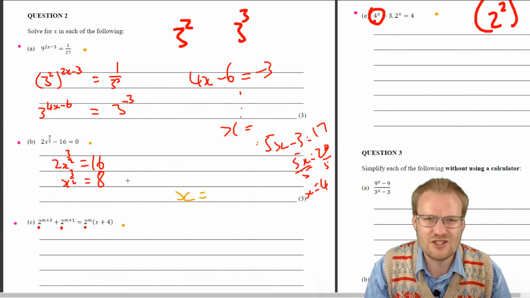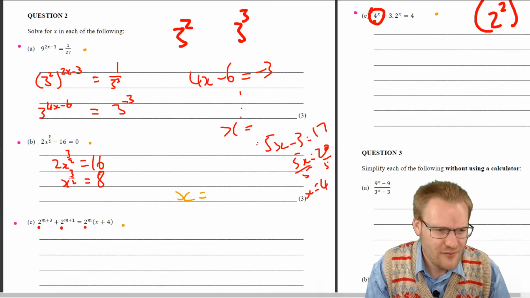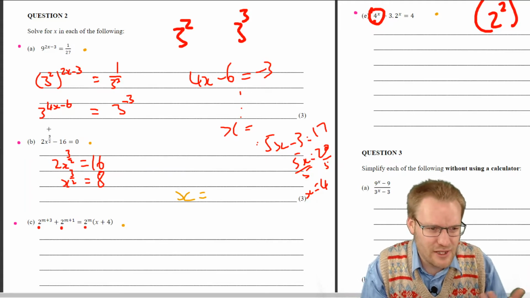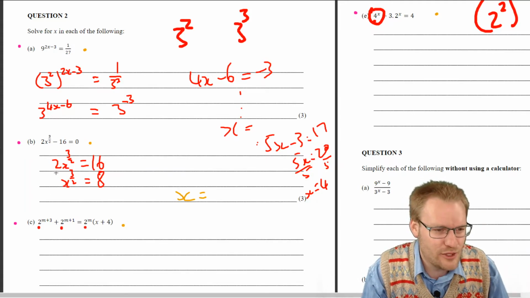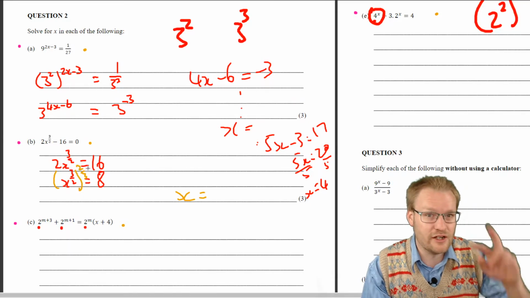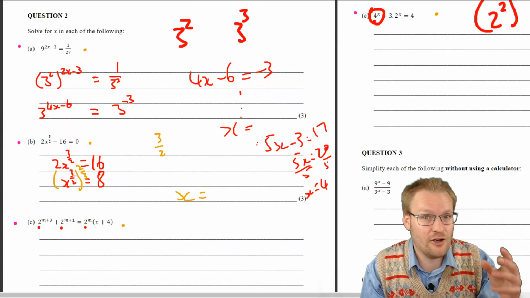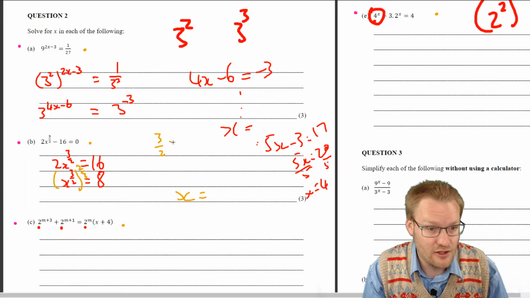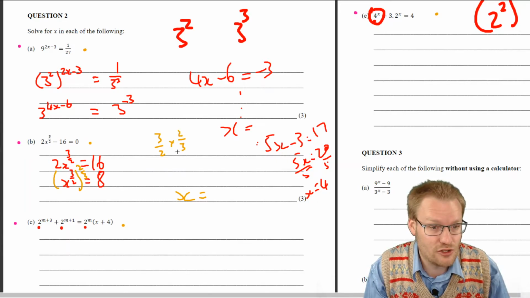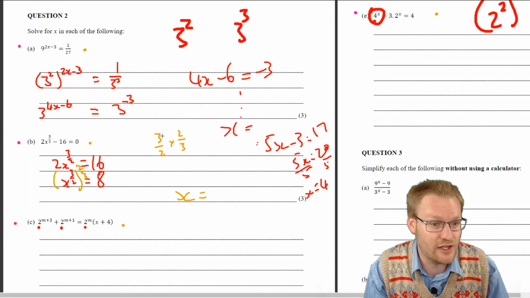Well, what ideas do you have at this stage? I'm hoping that you have some ideas, but I don't know where you are in your revision, and that's the point of these. So you're going, well, let's raise that to the power of 2 over 3, the inverse. Because if you raise a power to a power, you multiply. So 2 over 3 times 3 over 2 would cancel so nicely to give you 1.